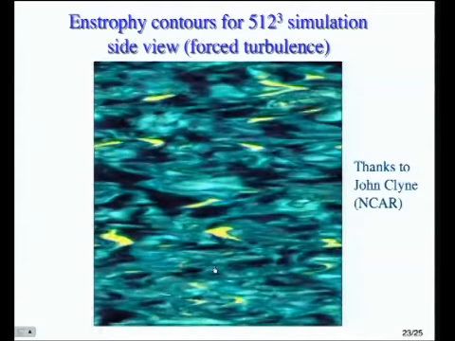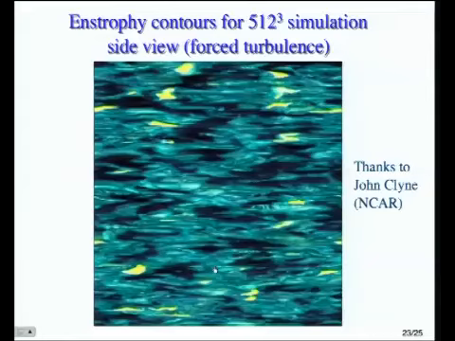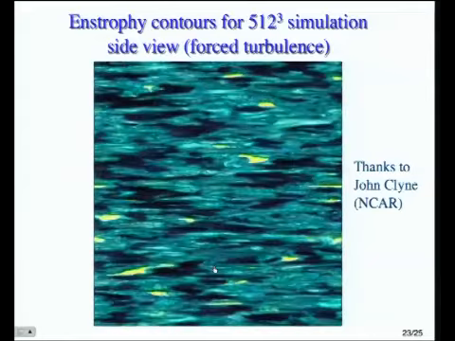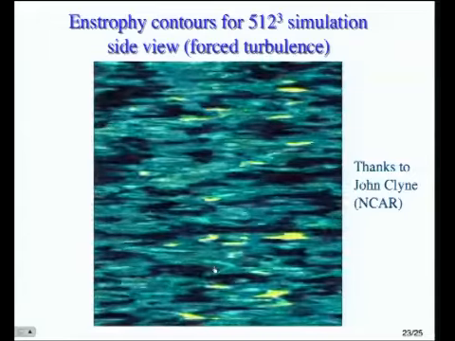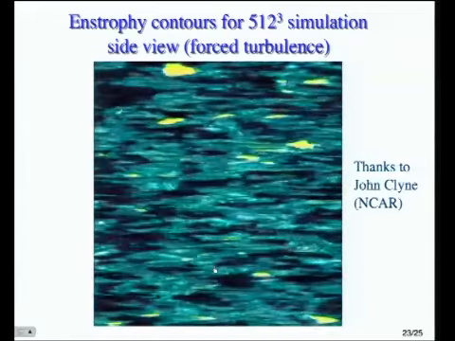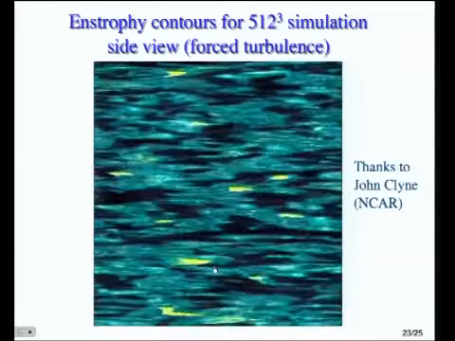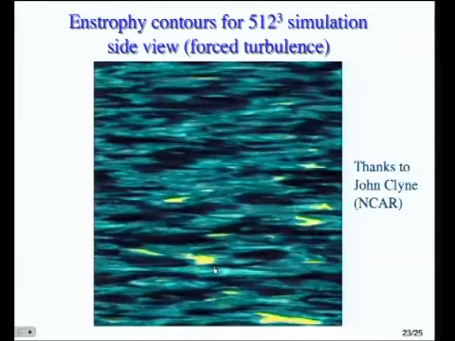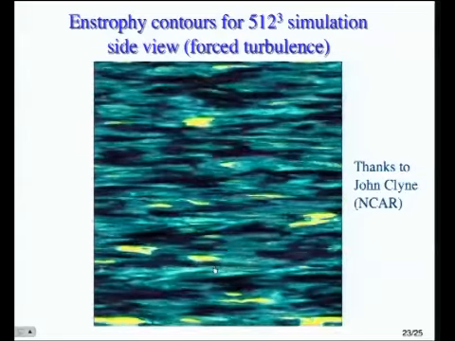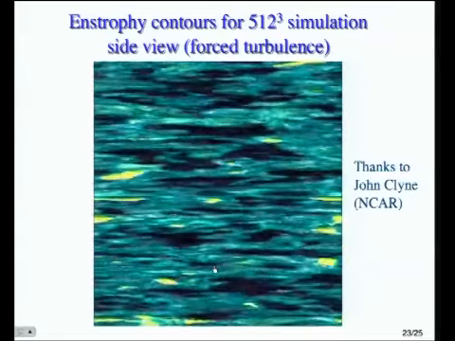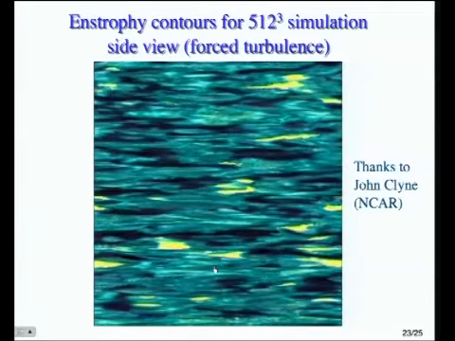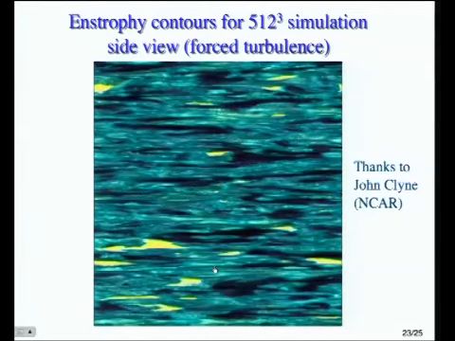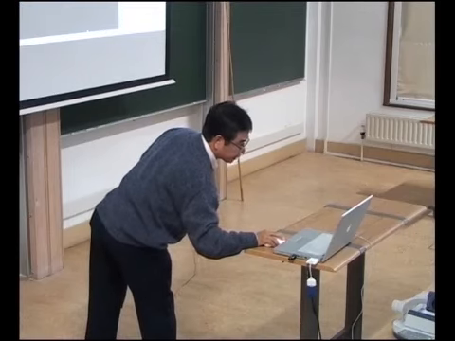So this is entropy contours for a 512 cubic simulation, and we are looking from the side. First there's nothing, but soon three-dimensional objects appear, and then they begin to migrate in the horizontal direction. So this is a side view.